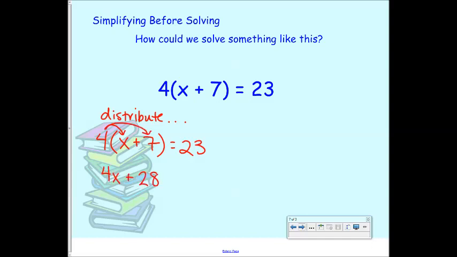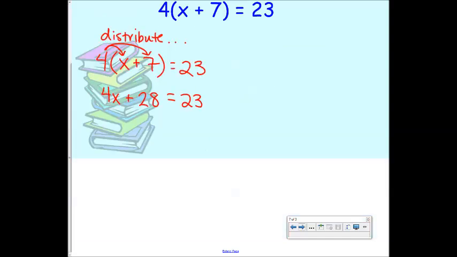Okay. Now this is just like every other multi-step one we looked at. What would I do first? All right, and I end up with what? This goes away, so all I have left is 4x. And then what do I get here? Negative 5, because the signs are different.